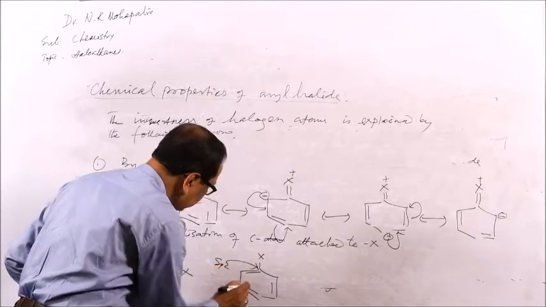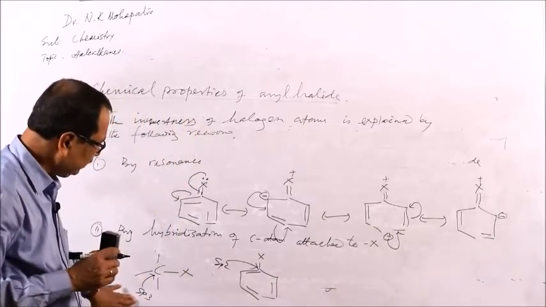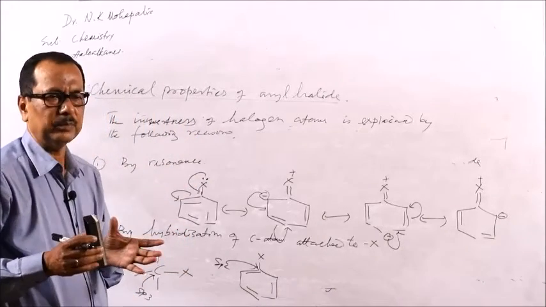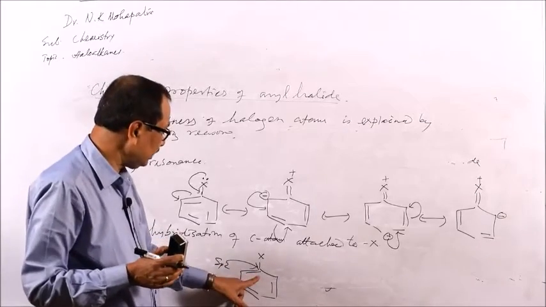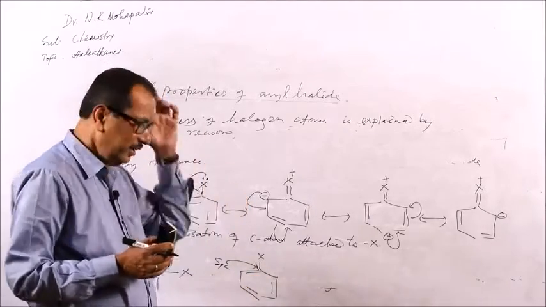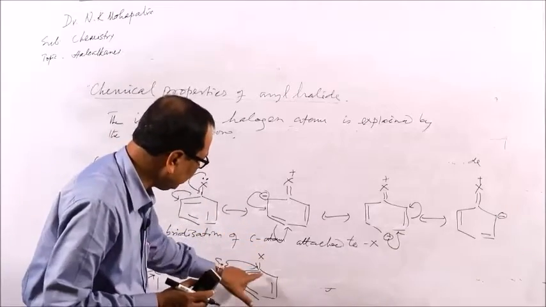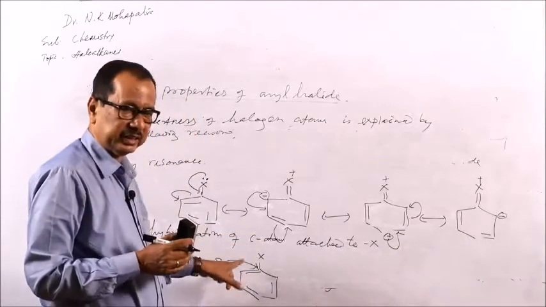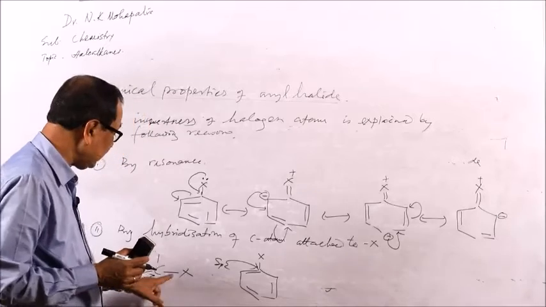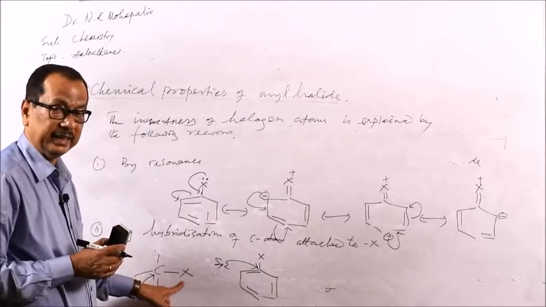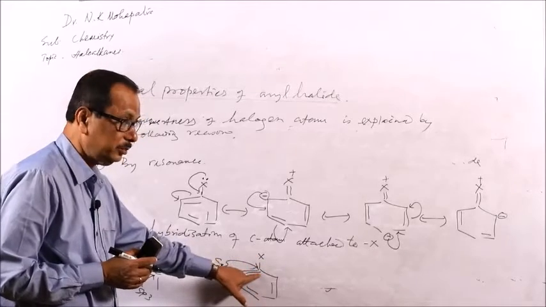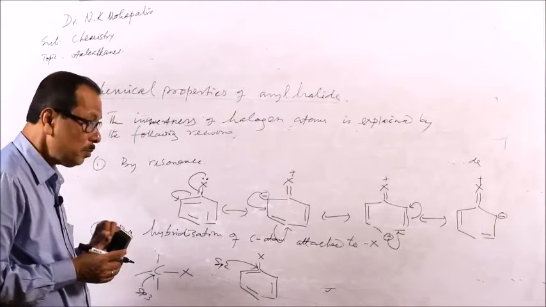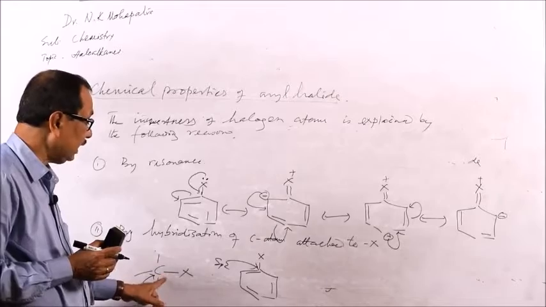As you know, an sp3 hybrid carbon atom has a longer, elongated bond length, and an sp2 carbon atom has a shorter bond length. Therefore, the carbon halogen bond in the benzene ring is shorter than the carbon halogen bond in alkyl halide. That is why higher energy is required to break this carbon halogen bond than the carbon halogen bond in alkyl halide.